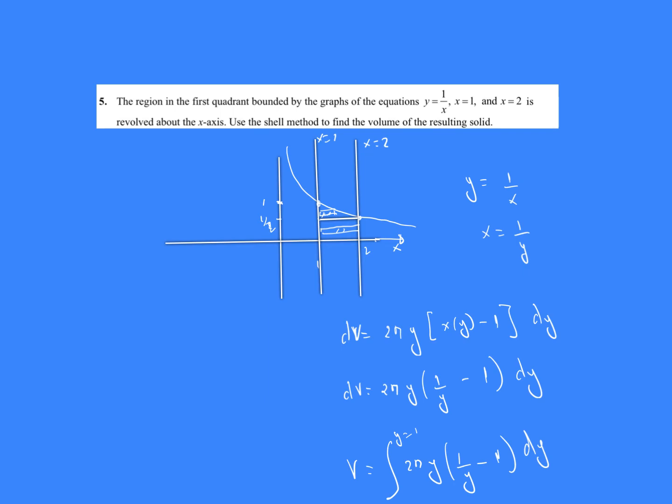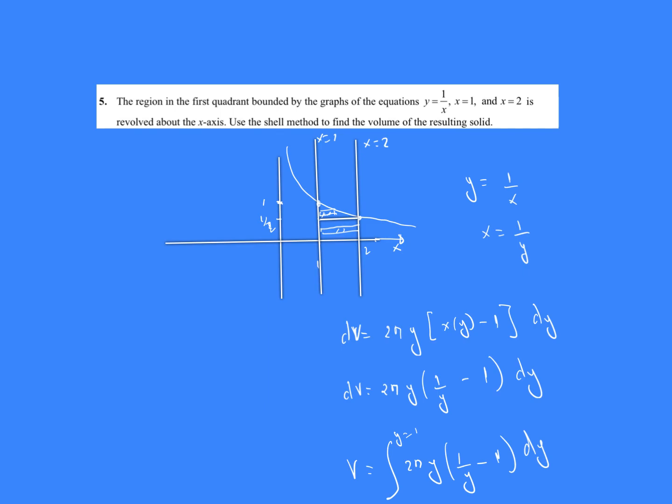So if I want to revolve around the x-axis, I need to consider horizontal doors, horizontal areas like this. So I will revolve and every door will generate a volume. And the sum of the volumes generated by every door is the total volume.